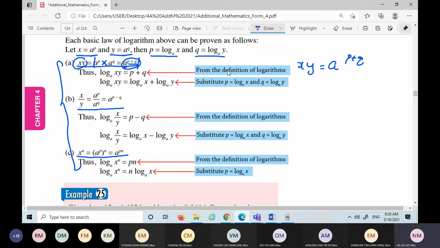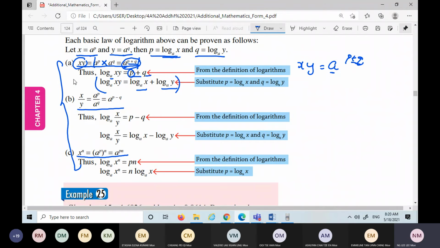So you see, a is the base, this one is the power, p plus q, the answer, and then log a of xy. So change into logarithmic form. Then come to here, what is p? p is log a of x. What is q? q is log a of y. Therefore it is proven for the first law, the product law.